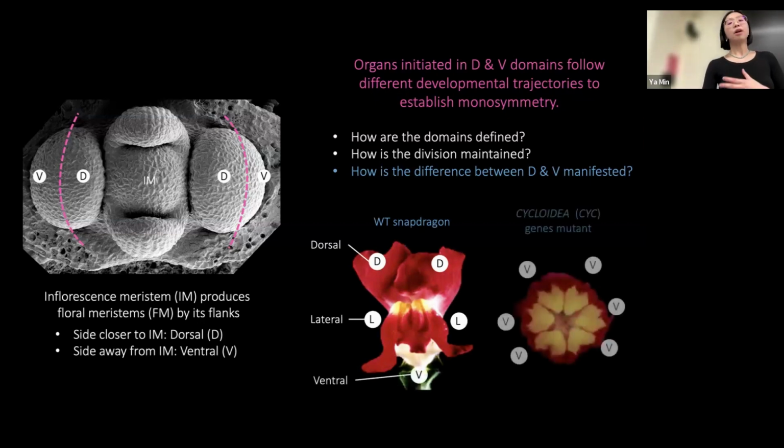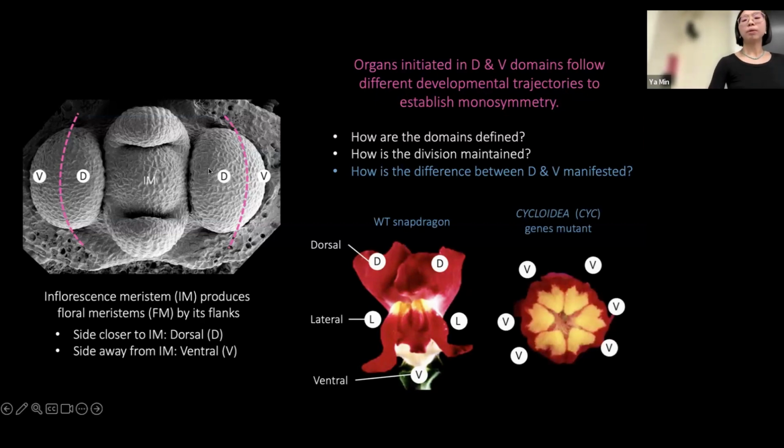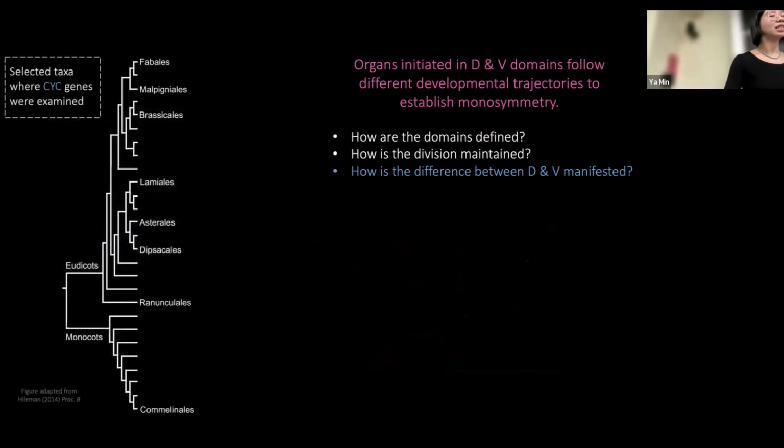So people were studying a ventralized mutant in snapdragon and found out that it's caused by a gene called cycloidea. So this discovery of cycloidea started a whole period of studying cycloidea homologs in many plant taxa.